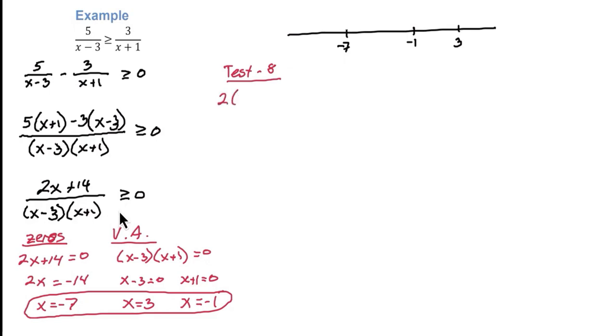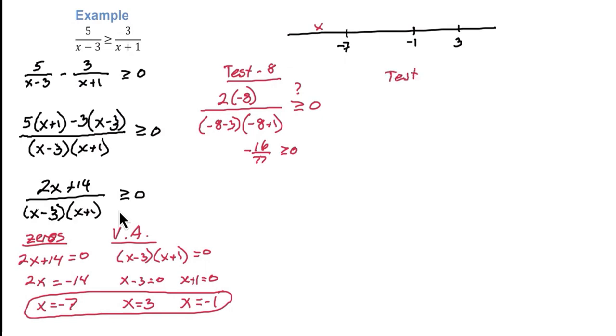So 2 times negative 8 all over negative 8 minus 3 times negative 8 plus 1, and we're asking, is that greater than or equal to 0? We get negative 16 over 77 is greater than or equal to 0. That is not true.